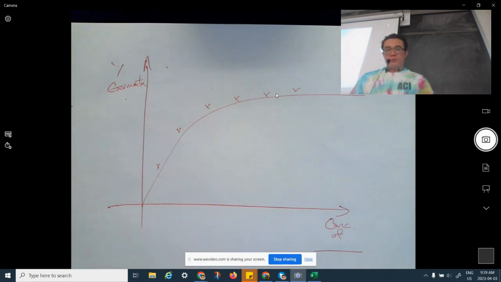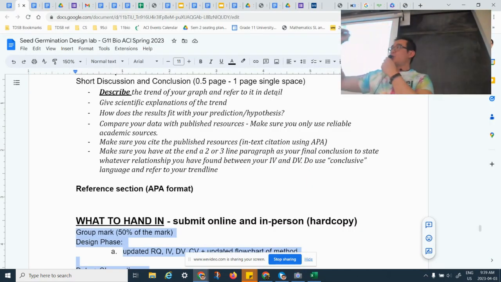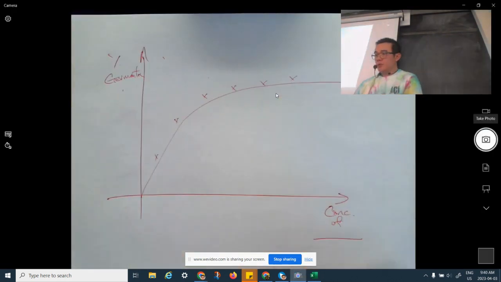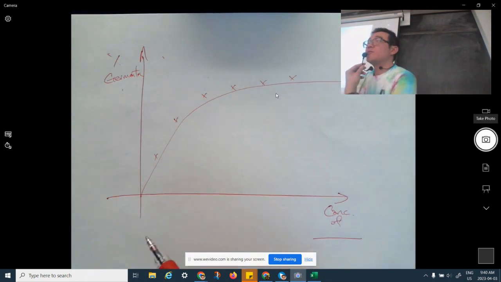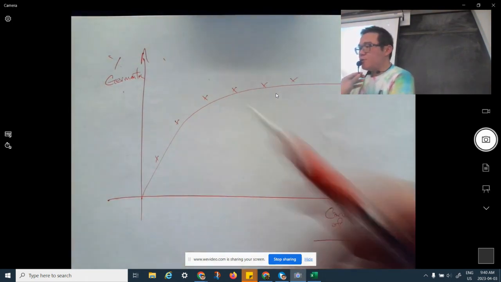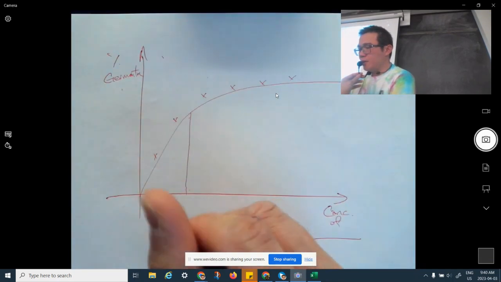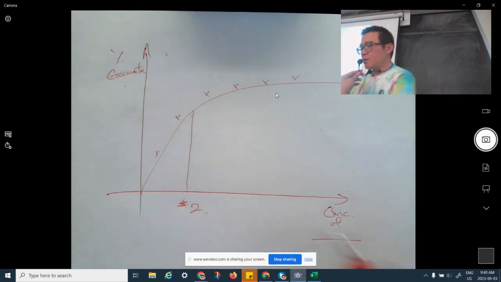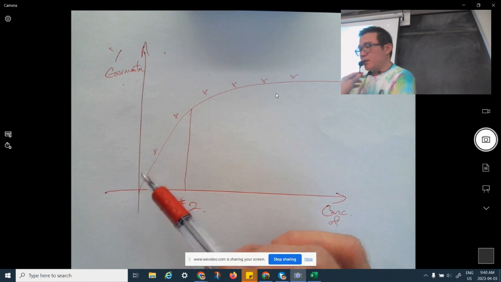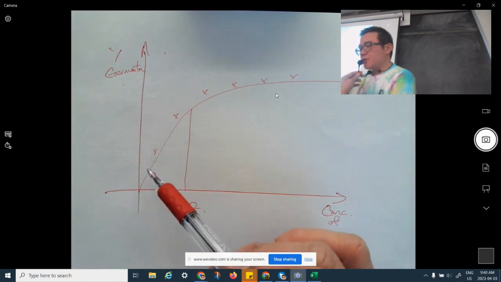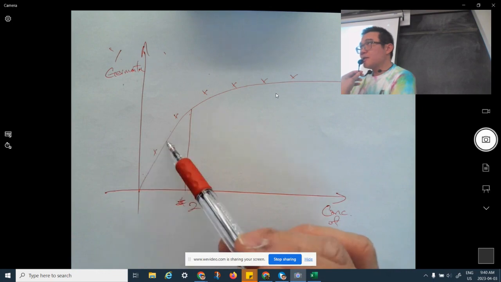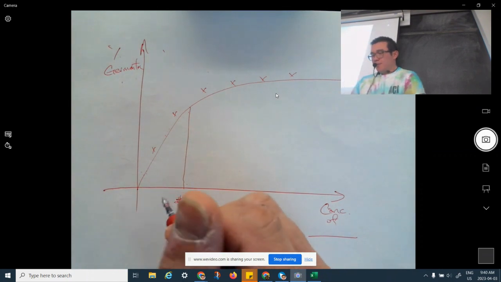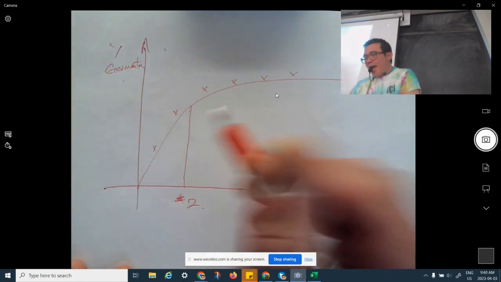So when I say here, describe the trend of your graph, what you will say is this. Using this as an example, you can say when the concentration is less than 2, I'm making up a number, the percentage germination increases quite sharply.